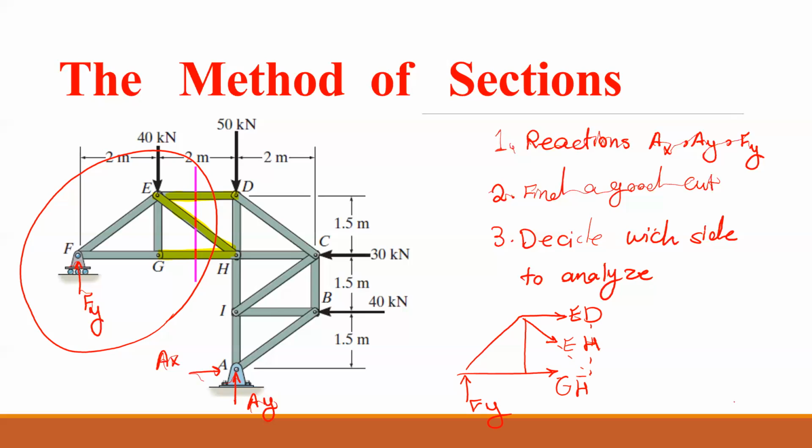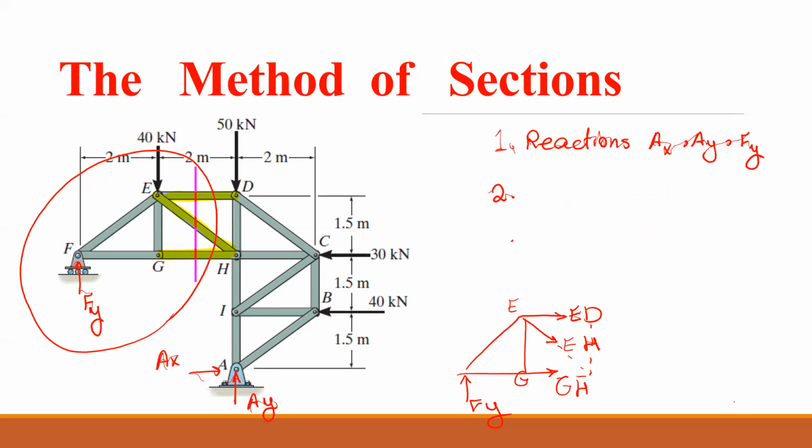Then I need to apply the equilibrium equations. What equilibrium equation can I use to find these three unknowns? If I take the moment about E, what happens? This is E, and this is point G. So after we did everything from this part, we need to decide how to find these internal forces.